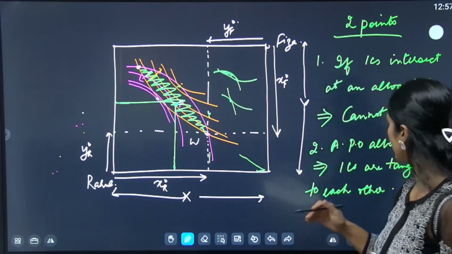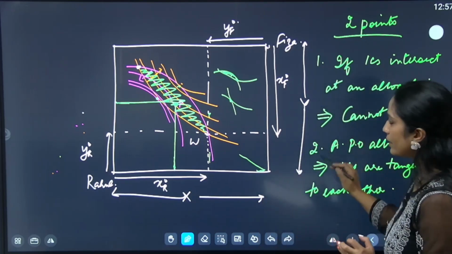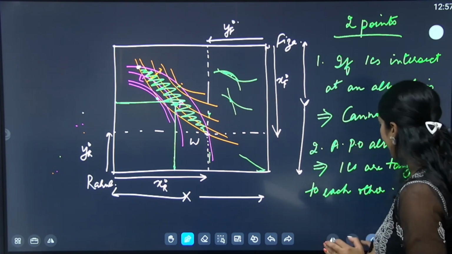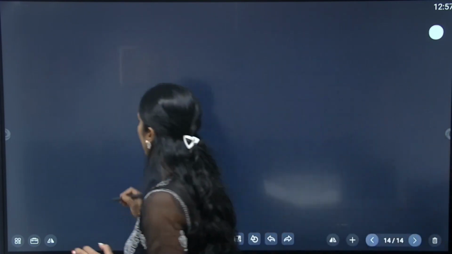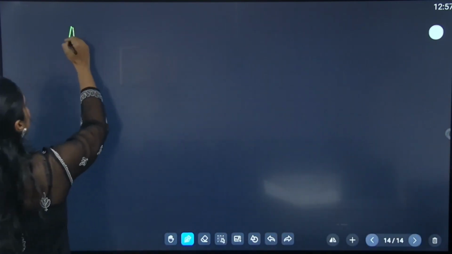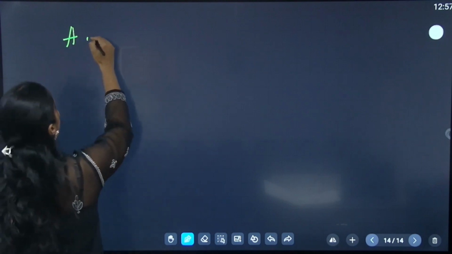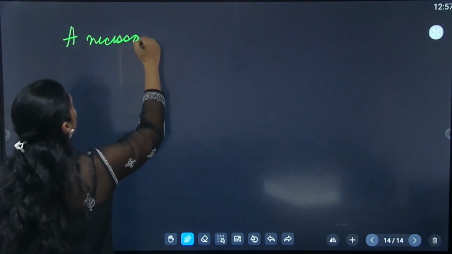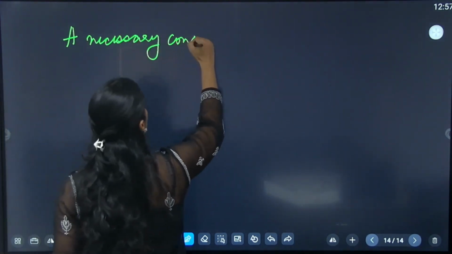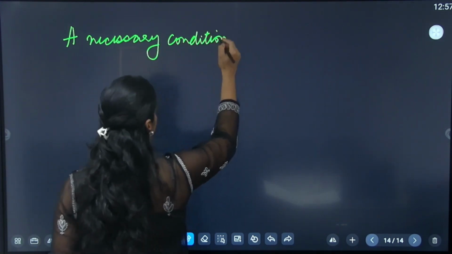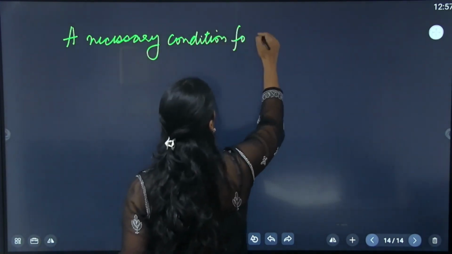Okay, so then using the second condition, we have essentially arrived at a necessary condition for Pareto optimality.